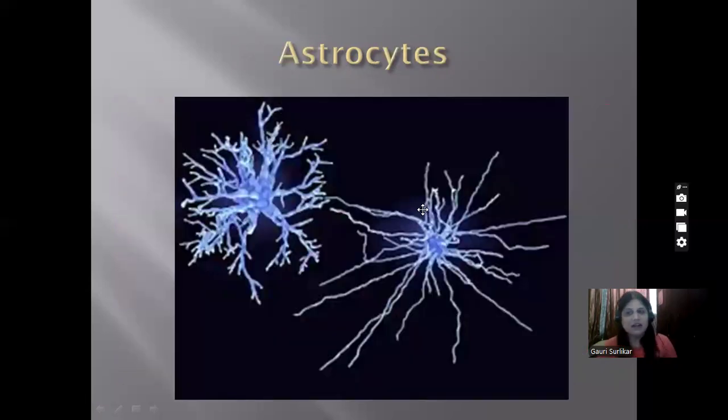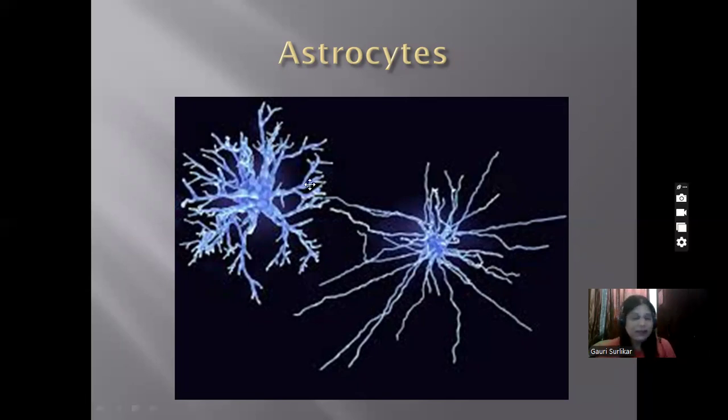After that, the third type of glial cell which we are talking about here is called astrocytes. See how beautiful. Astrocytes are the most abundant glial cells. Okay, they are the most abundant glial cells of the CNS, and they are star shaped.